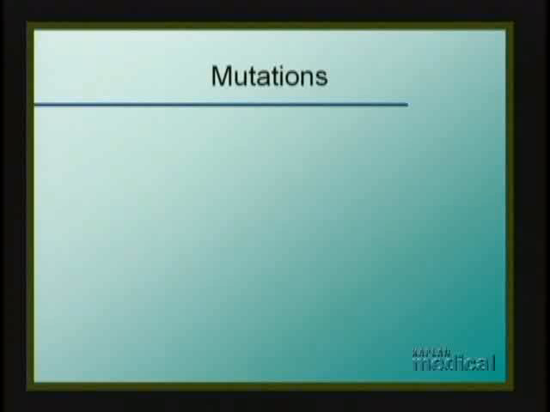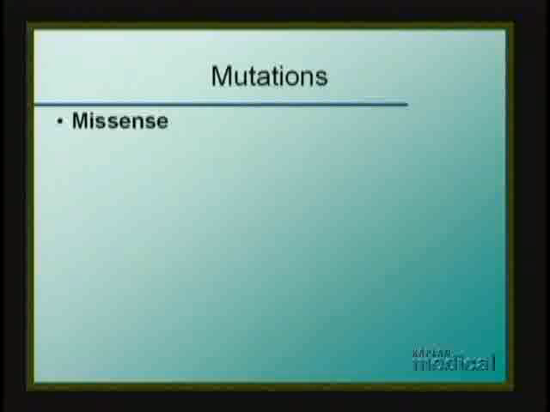Let's also look at some of the basic kinds of mutations that will be causing all these genetic diseases that we'll be talking about. Missense mutations are mutations or changes in our DNA sequence that lead to a single amino acid replacement in a protein.